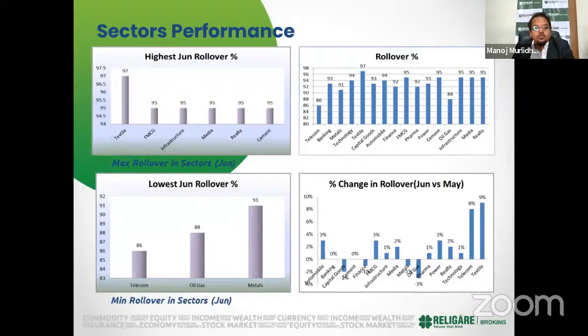This is the most important thing I would say, because when we see a positive positioning in the index, these are the sectors where the overall broader market has seen additional long rollovers in the stock futures. What it means is, in the entire automobile sector, we have seen a good 3% additional open interest from May series to June series. Similarly, telecom is hardly a couple of stocks, but then power and FMCG.